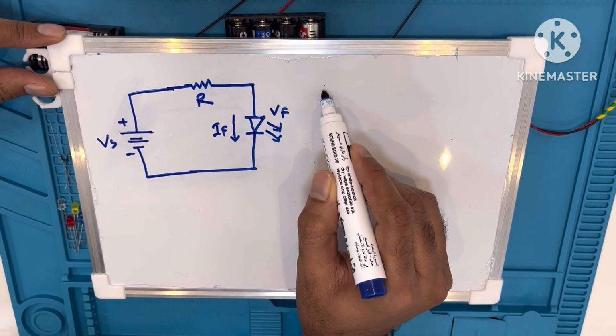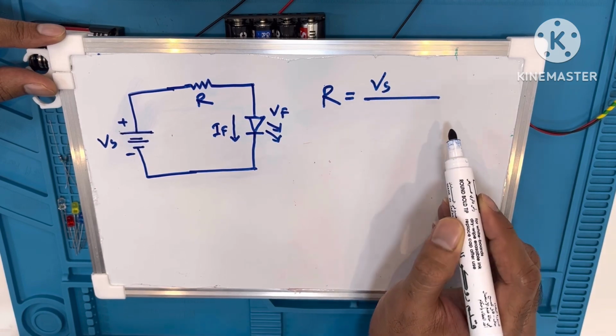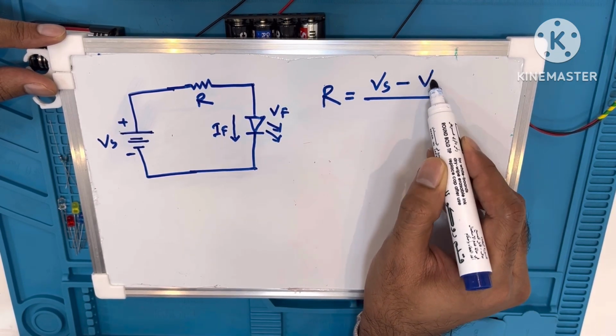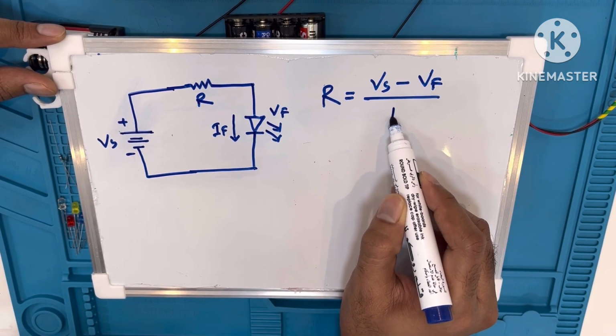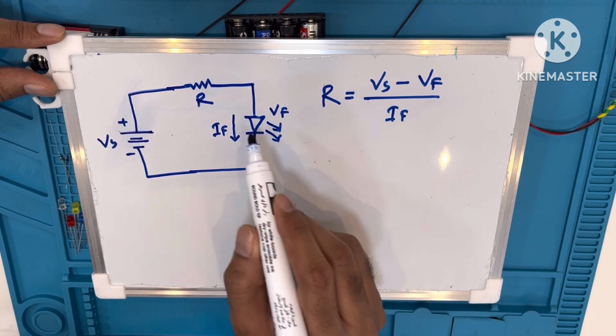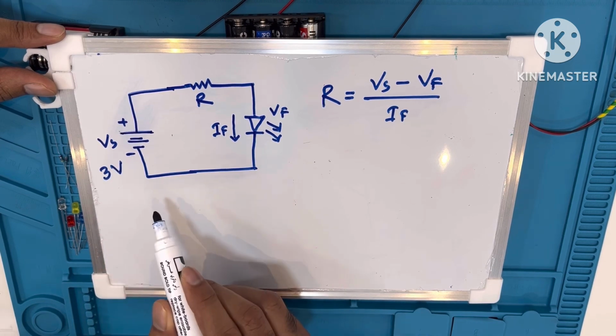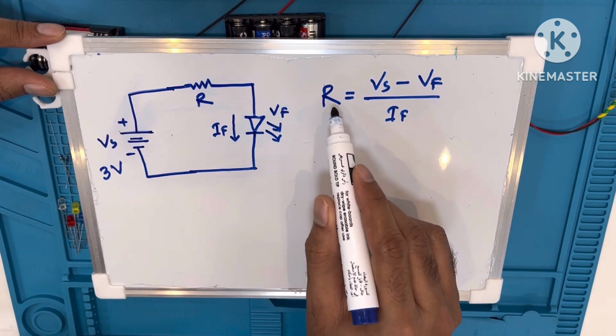From Ohm's law, we can calculate the resistor value, which is R equal to source voltage minus forward voltage divided by forward current. Let's say we will use 3 volt as a source voltage.